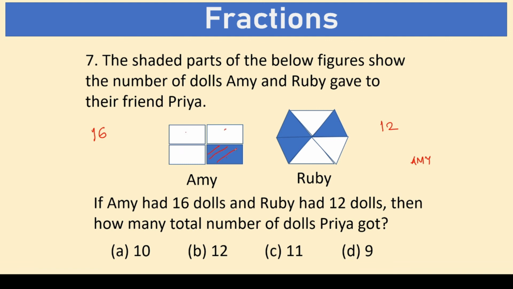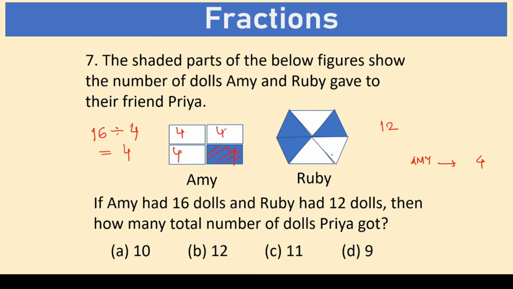There are 4 and 1/4 of the portion was given to Priya. So to get how many dolls are in each portion, we need to divide 16 by 4, which is equal to 4. So there are 4 dolls in each of these portions, and that one portion is given to Priya. So Amy gave 4 dolls to Priya.